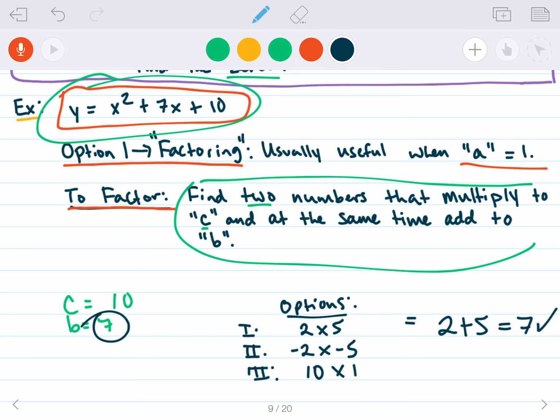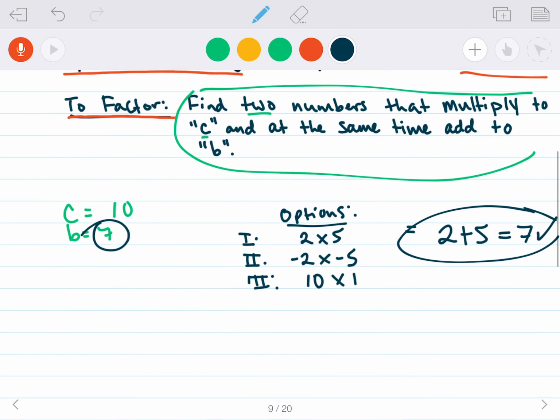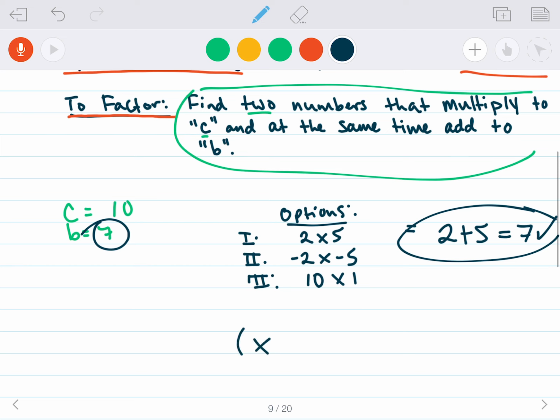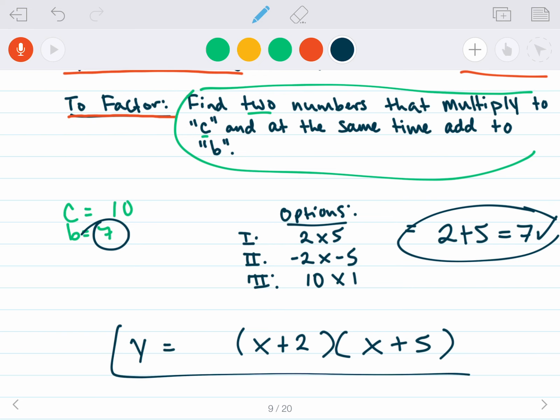A positive 10 plus a positive 1 is a positive 11. So the only one that works is option 1. These two numbers, 2 and 5, they multiply to 10, and at the same time they add to 7. All right? So we have x plus 2, x plus 5. And that's it. That's factored.